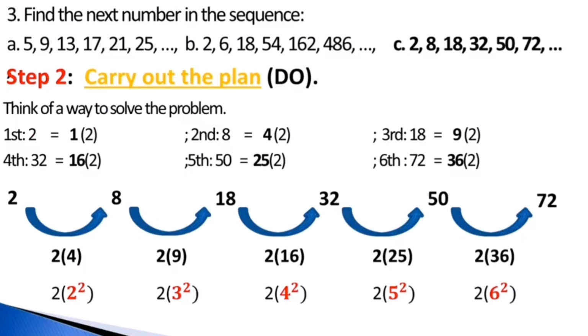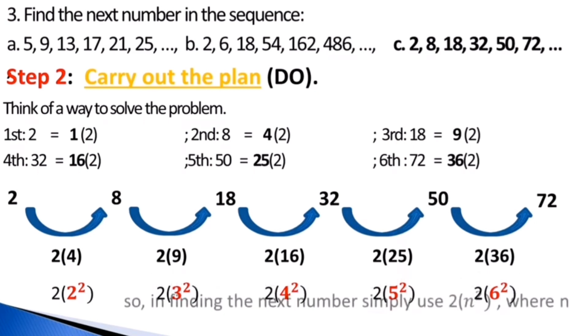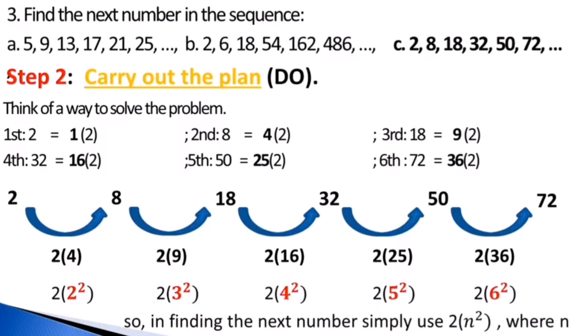If we have this kind of pattern, let us assume a variable, a symbol, or a letter that will represent this expanded factor, and this is what we call n squared. So 2n squared, where n is the nth term.